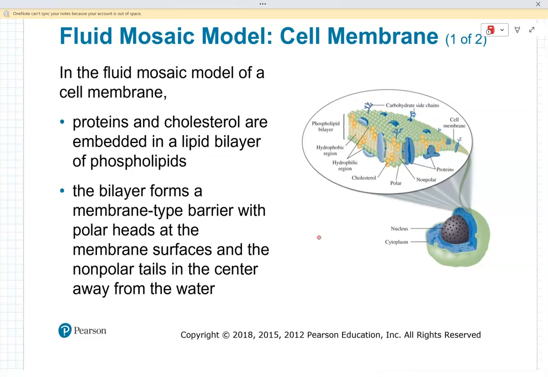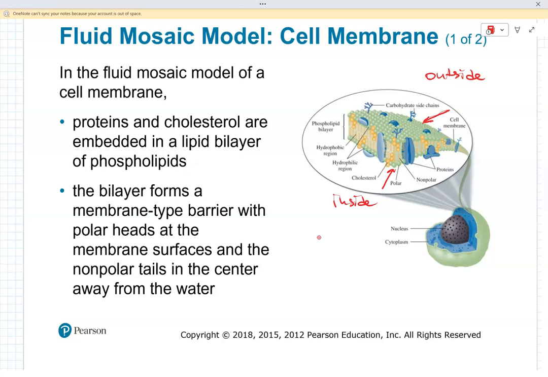You can see that the green, the heads, are facing either inside or outside of the cell. Why? Because the content of your cell and the extracellular environment are mostly water. So it's polar.